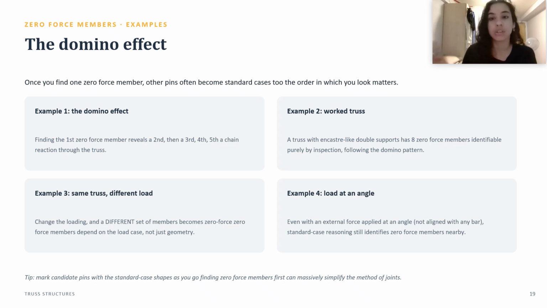That member could be a zero force member at certain loads. When the load changes, another member could be a zero force member. Also, load at an angle. Just because you have a force that's acting at an angle and it does not align to a bar, it does not mean there are no zero force members nearby.